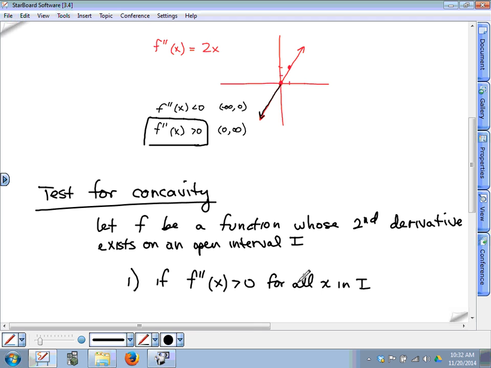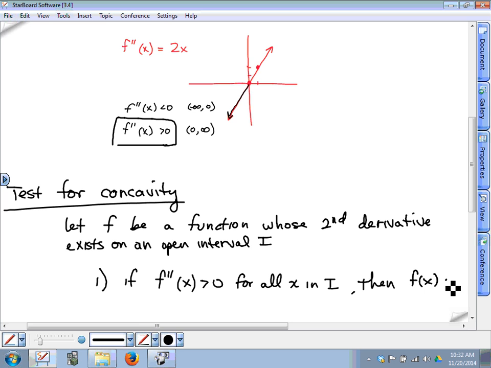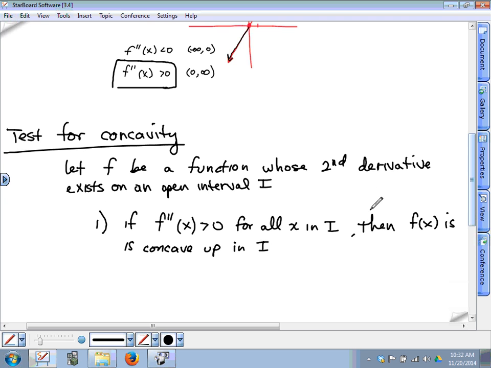So if f double prime of x is greater than 0 for all x in I, then f of x is concave up in that interval I. If f double prime of x is less than 0 for all x in I, what does that mean in terms of concavity?